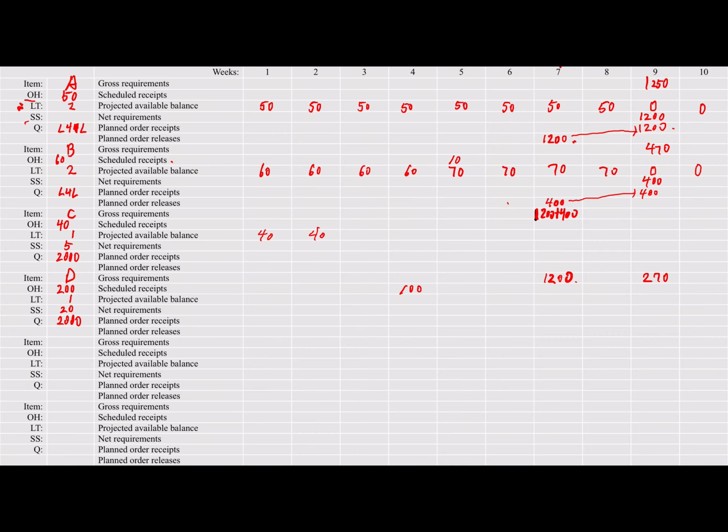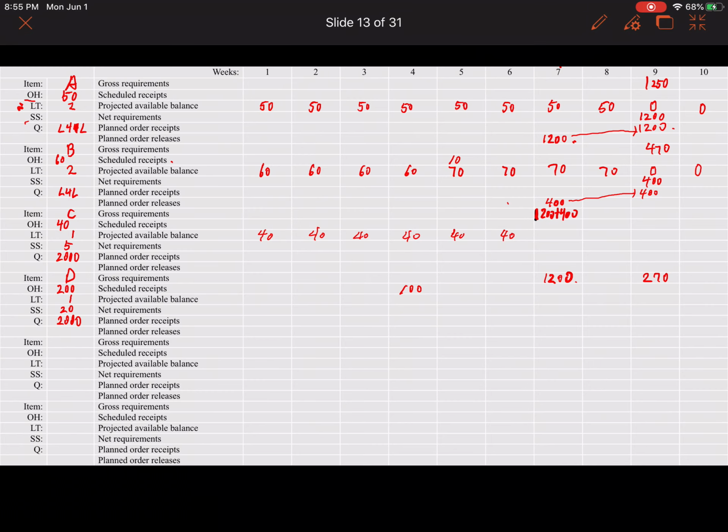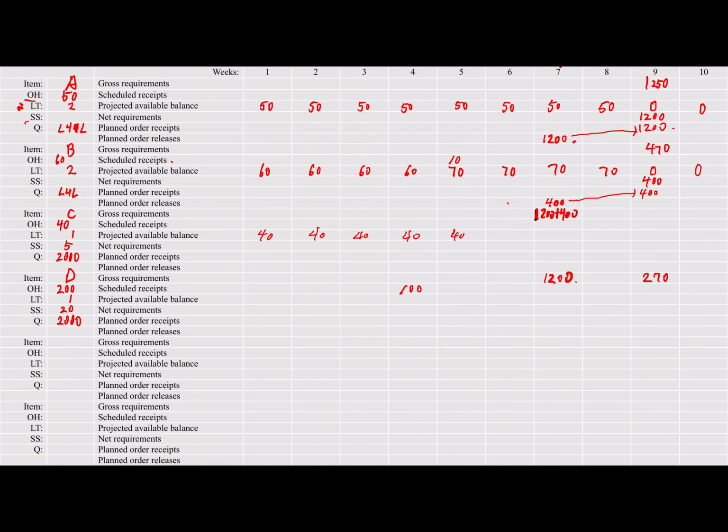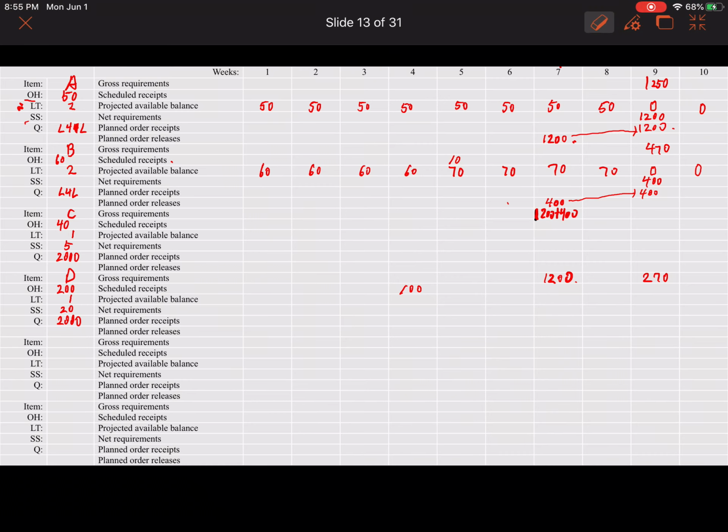Same thing here, let's carry this amount until week 7. Oh, sorry, I forgot one thing that is very important here. That is not 40, it's actually 35.